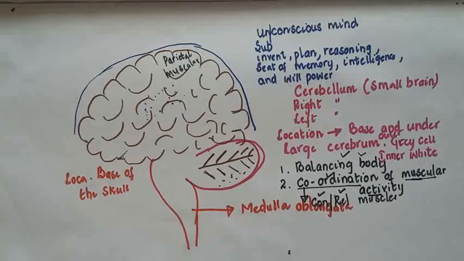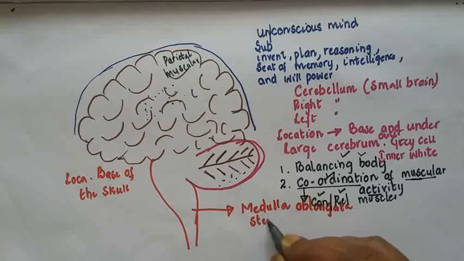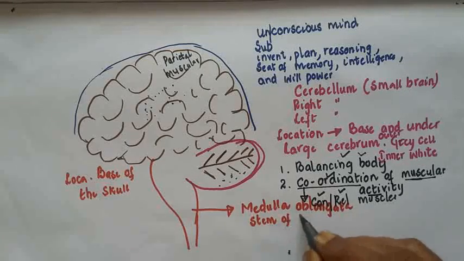Children, whenever you learn the locations, learn them as given in the textbook. So what is the location of the medulla oblongata? It is found at the base of the skull. We also call this medulla oblongata the stem of the brain.